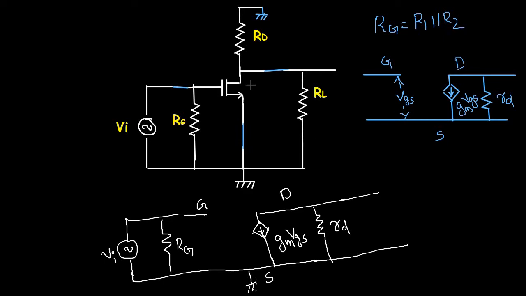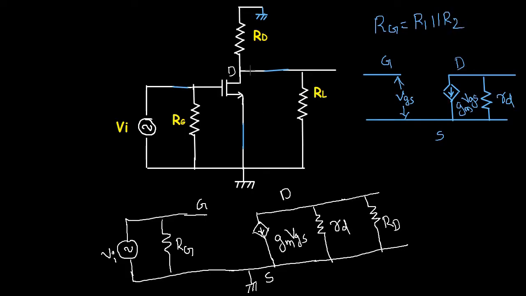Then the resistance rd is connected in between the drain and ground. Source is already grounded, so rd is connected in between the drain and the source.